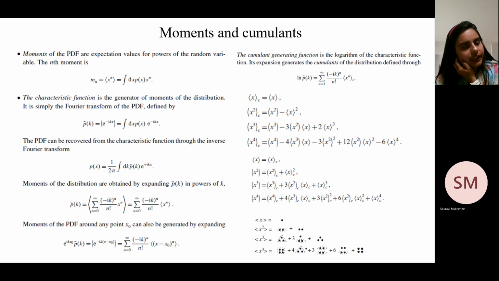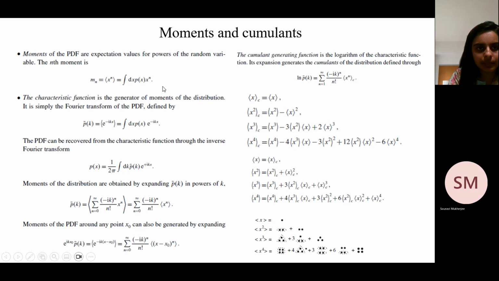So then we talked about the moments and the cumulants. Given some probability density function, you can define a moment by this expression here. So it's the integral of p(x) x to the power n dx that gives you the nth moment. And the characteristic function is actually the generator of moments. How? The characteristic function is the Fourier transform of the probability density function.